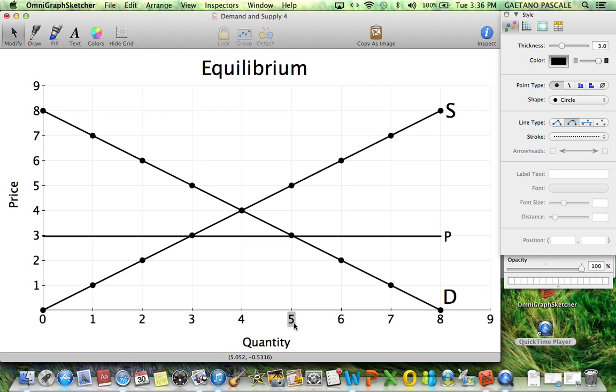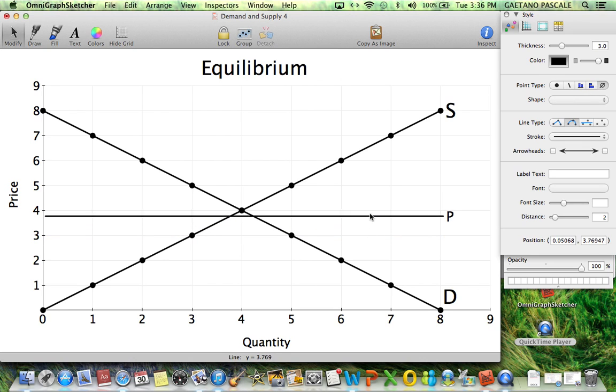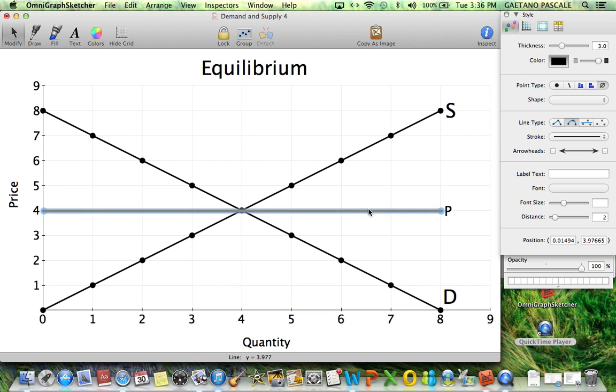So the suppliers of this product are still selling out the product faster than they thought, and they have people coming up to them after the fact, after they've sold out, inquiring about buying that product. So in the face of that, the price migrates up even further. Once we get to a price of 4, what happens?